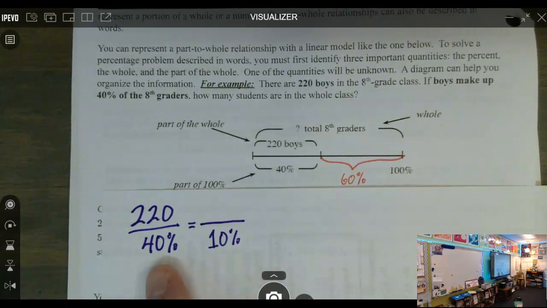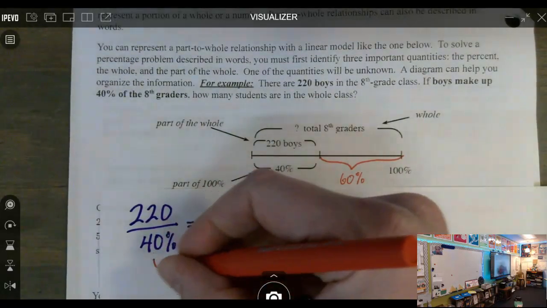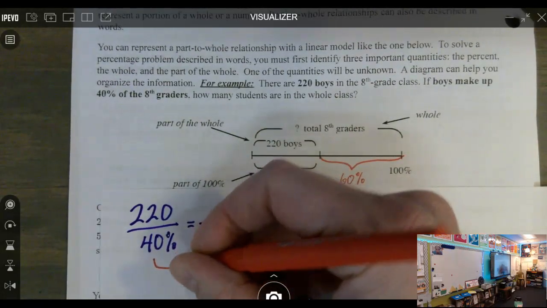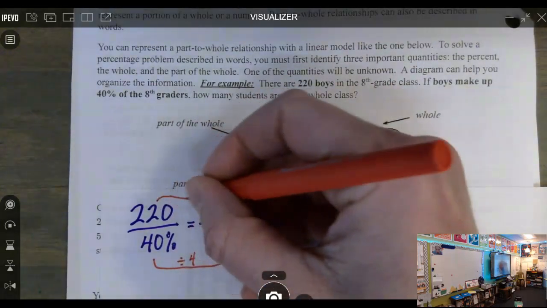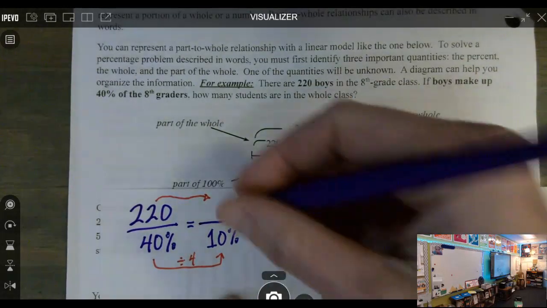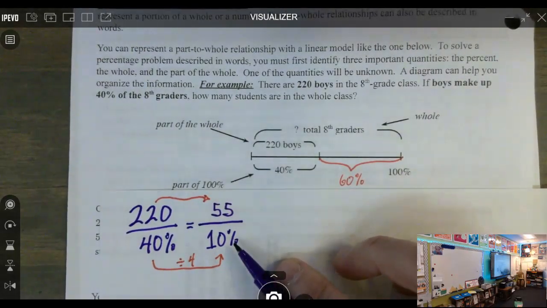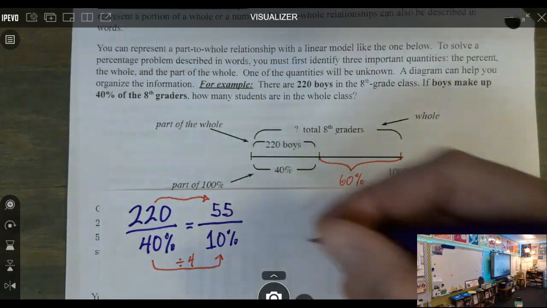How could I go from 40% down to 10%? Divide by 4. Show that work. So then you divide the top by 4, and we do the same on the bottom. June's over here flexing. And we get that 55 is 10%. Now, can I go to 60%?